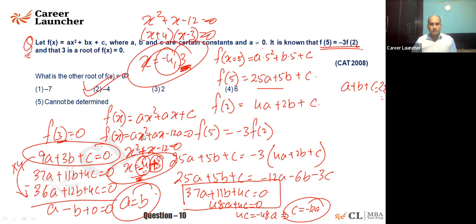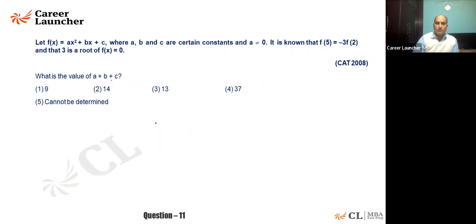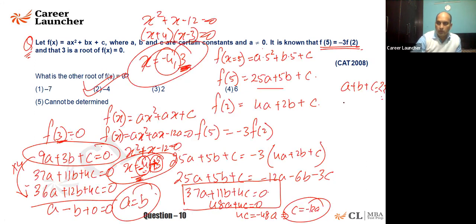Come on, fast. Very easy. You know A is equal to B. You know C is equal to minus 12A. I'm sure you remember it from here.